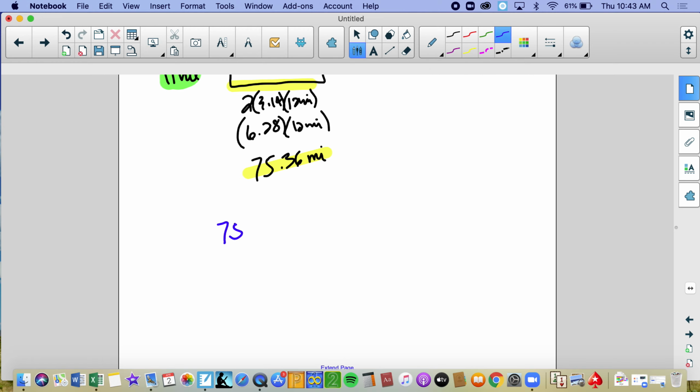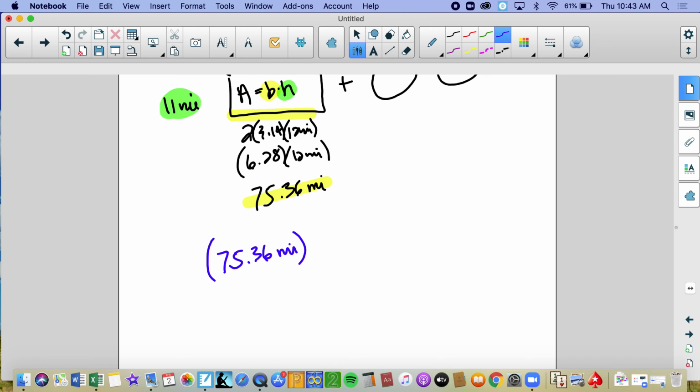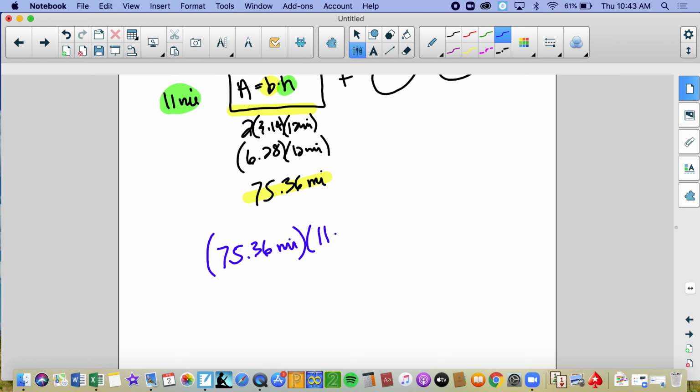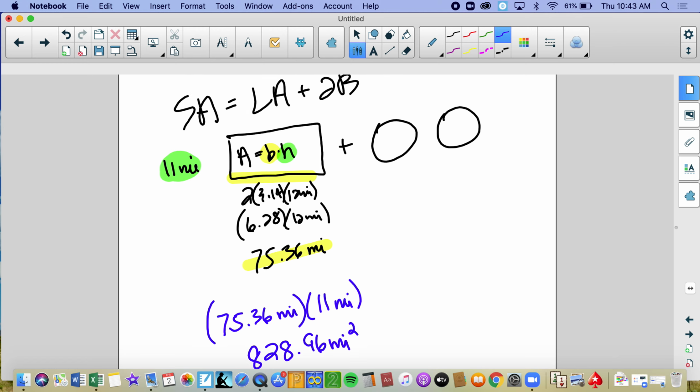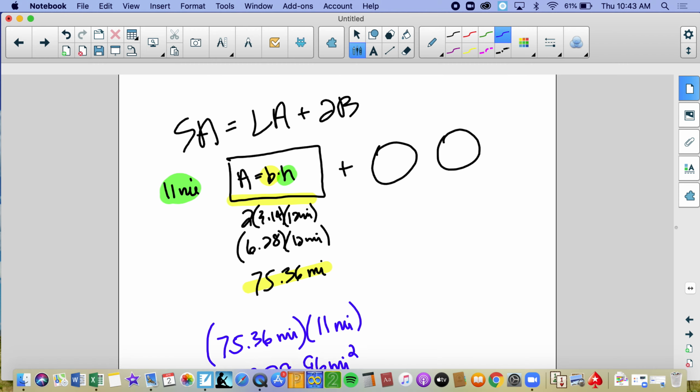Base being 75.36 miles times the height, which is 11 miles, gives me 828.96 miles squared. So that is my lateral area.